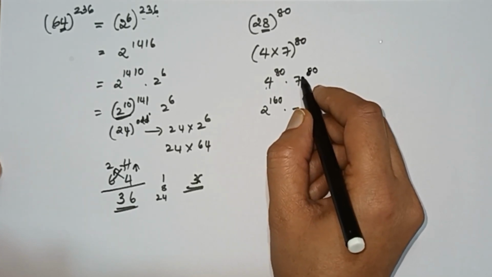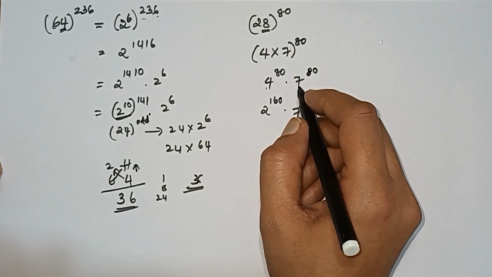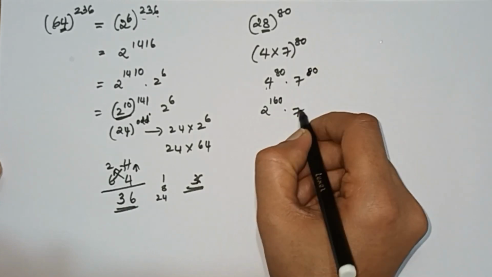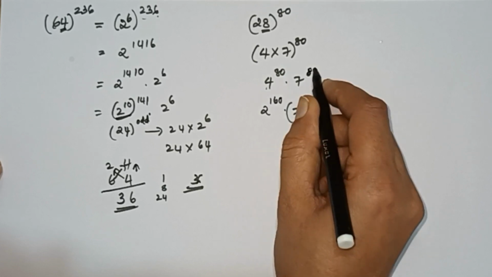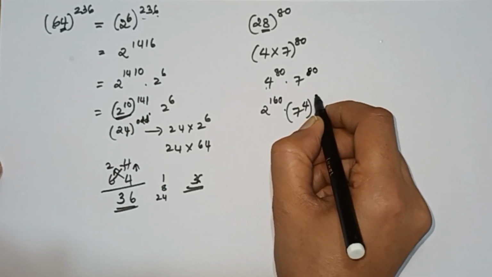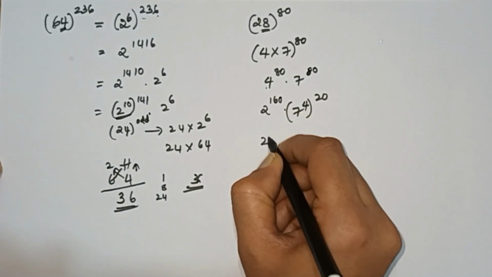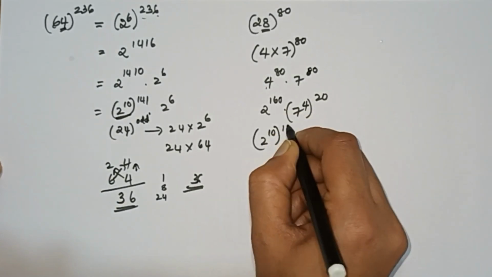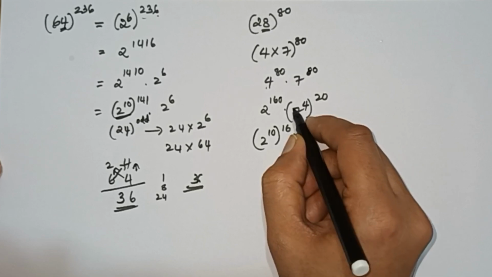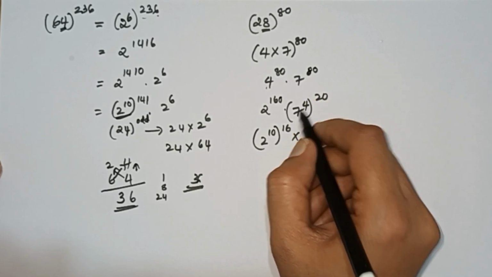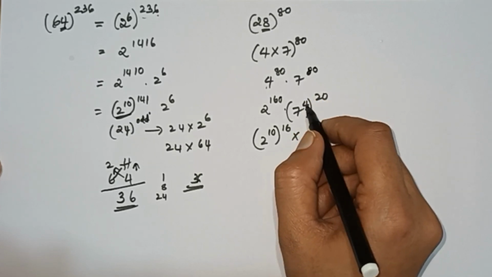So the method is to be applied with the frequency of 7 as 4. That is, raise it to the power 4. Then 80 by 4 gives you 20. So 2 to the power 160, that is (2 to the power 10) to the power 16, into 7 to the power 4, which is written as 7 square into 7 square. 7 square is 49.